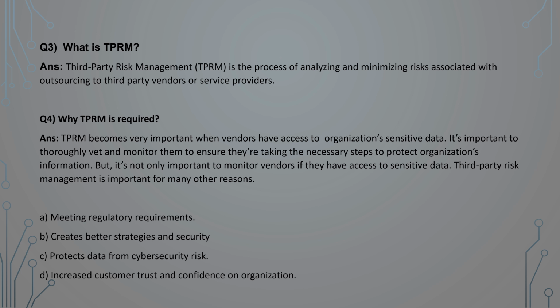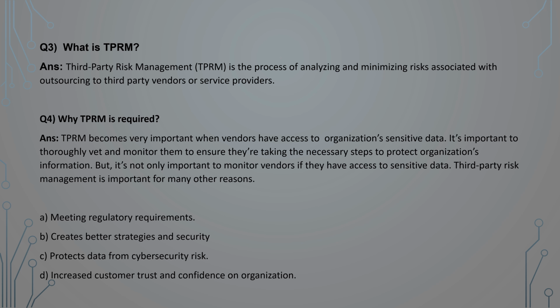That means TPRM becomes very important when vendors have access to the organization's sensitive data. Depending upon the nature of the services provided by the vendors to the organization, it might be possible that vendors have access to the bank's server, or they are getting information or data from the bank or any financial institute.